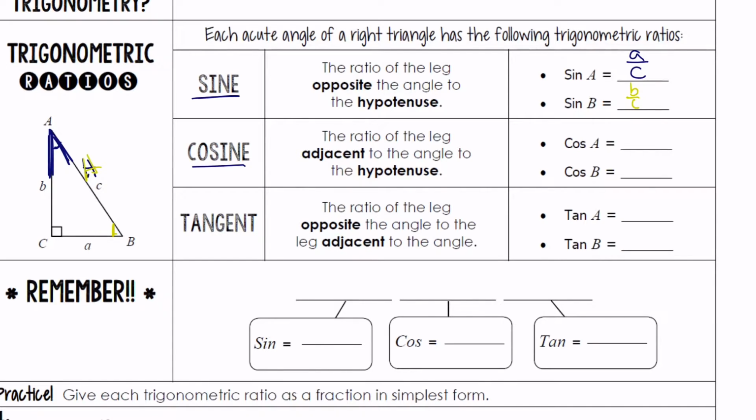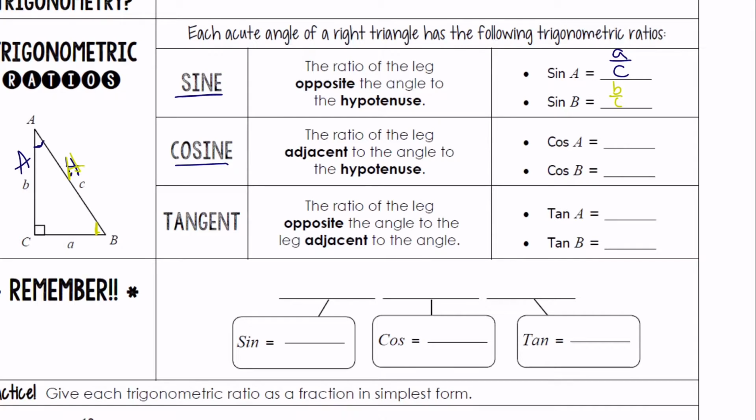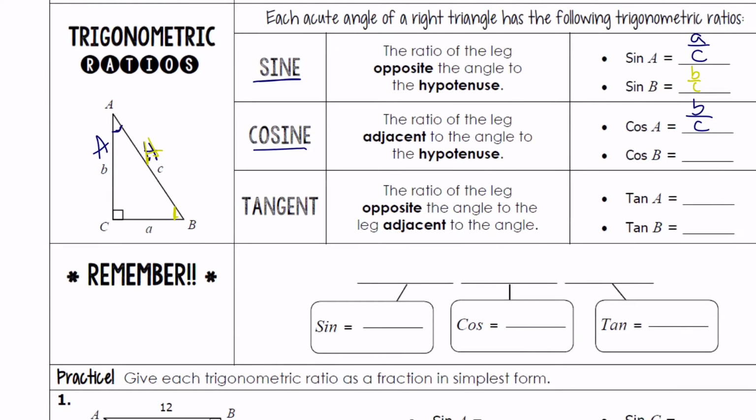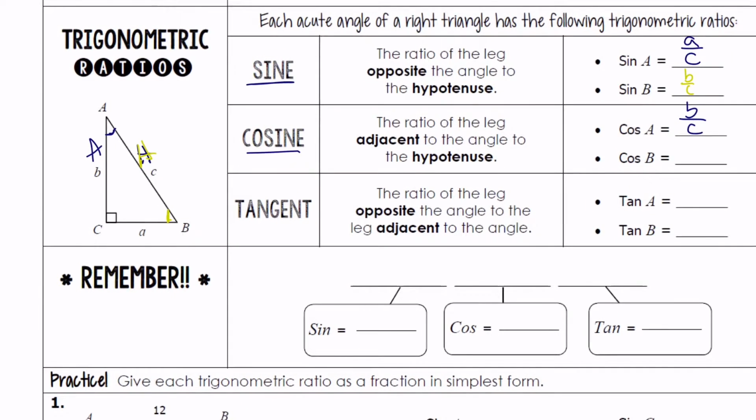Even though the hypotenuse is adjacent, it's not the hypotenuse because the hypotenuse is the hypotenuse. So in this case, side B is adjacent to angle A. So it is side B over the hypotenuse.